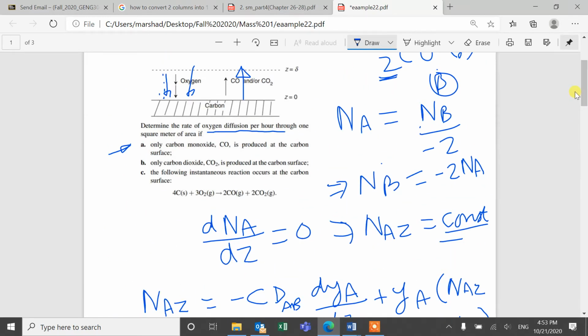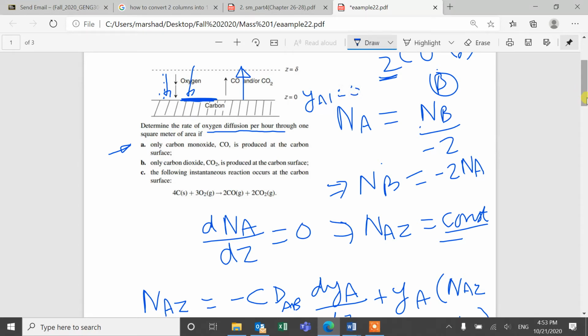Now let's see what yA1 and yA2 are. At the surface, reaction is going on, so oxygen is diffusing and giving CO or CO2. At this surface, there is no concentration of oxygen, so yA1 is 0 here.